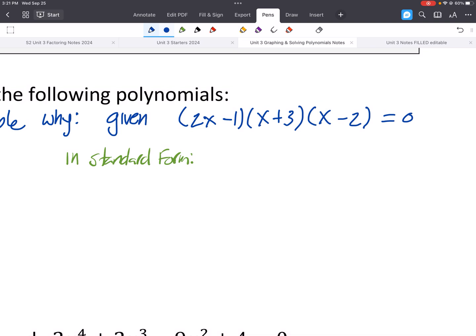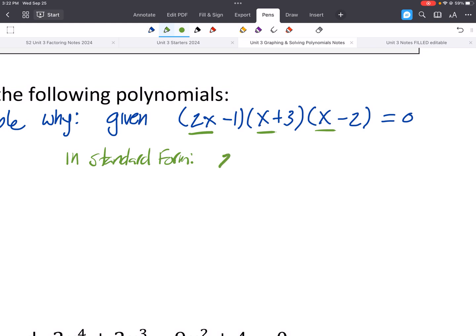So say you're given a polynomial. This one, written in blue, is already in factored form. If we were to put it into standard form, I just want us to write down what the leading term is and what the constant would be. To find the leading term, we multiply all of the first terms.